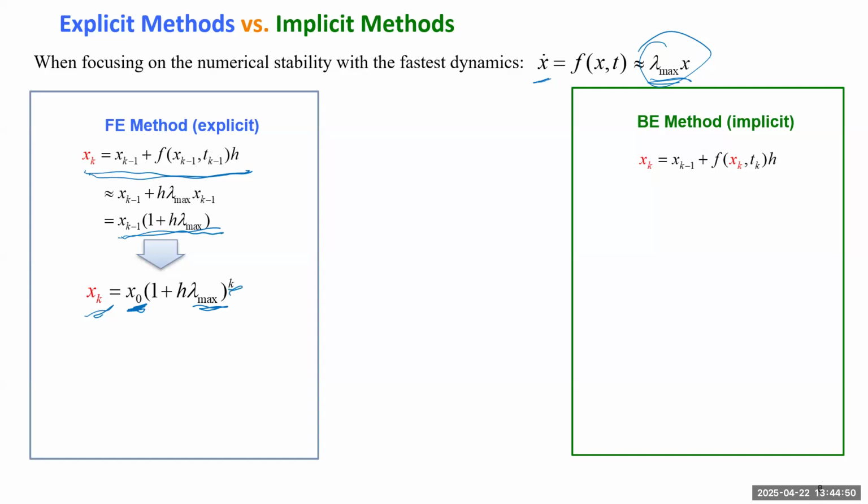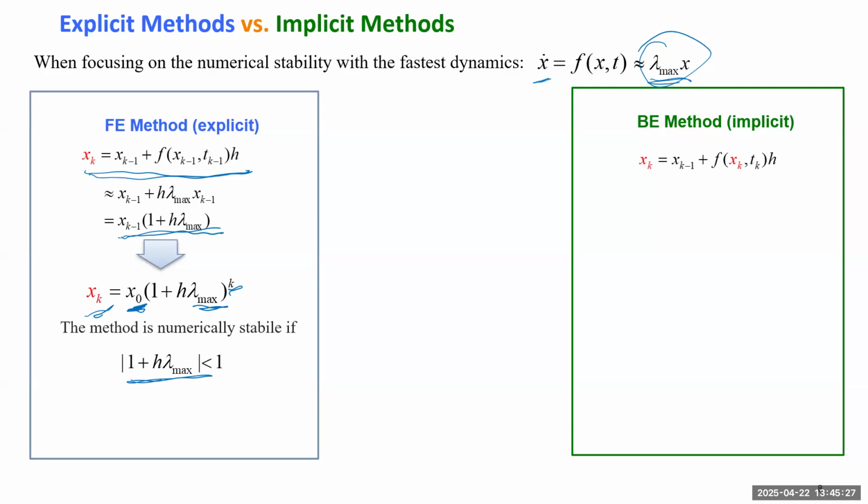The k tells how many steps you have simulated for the system. If we want to make S_k stable, bounded, which means the method is numerically stable, we hope this ratio has magnitude less than 1. If this is larger than 1, then when k is large enough, S_k, an exponential function, will blow up, and the system will become numerically unstable.